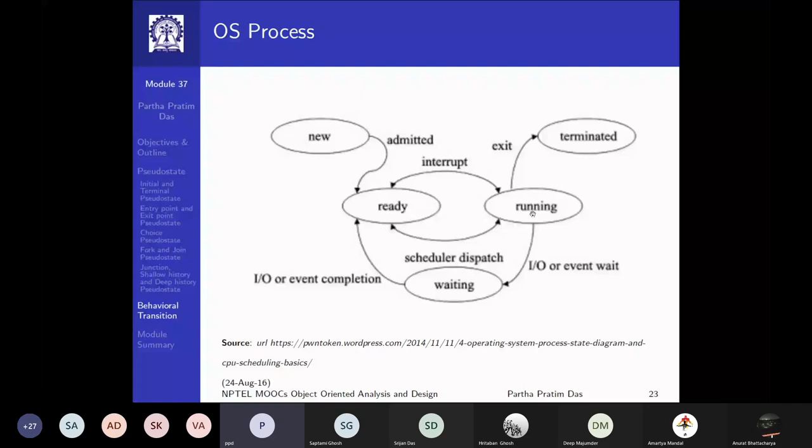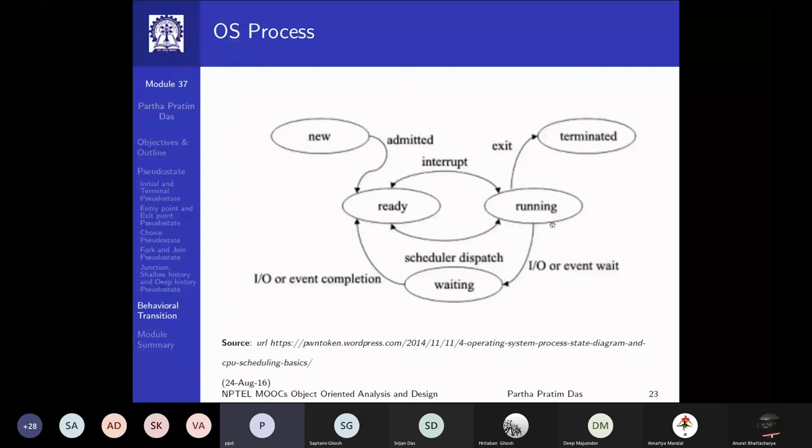Now, while running, the process might need some input or output, might need to read data, or might need to write something, and so on. And typically, as you know, input output is a much slower activity compared to the execution. So when I need to read something from the input, or I want to write something, then I will give it to the device driver of the corresponding device, input device or the output device.